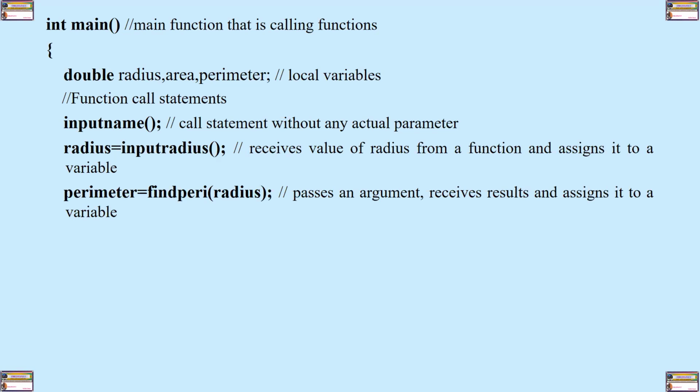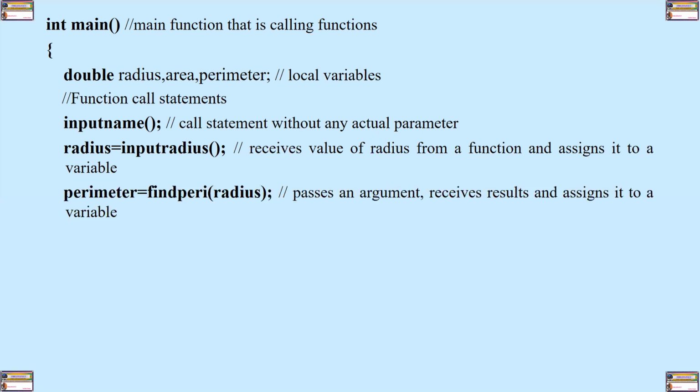From there, we have this call statement here. Now, this call statement is picking the value in the memory location called radius. And note, this value has been received from the function called input radius. So the input has been returned through the function called input radius, then it has been returned to the main, and it has been stored in the memory location called radius.